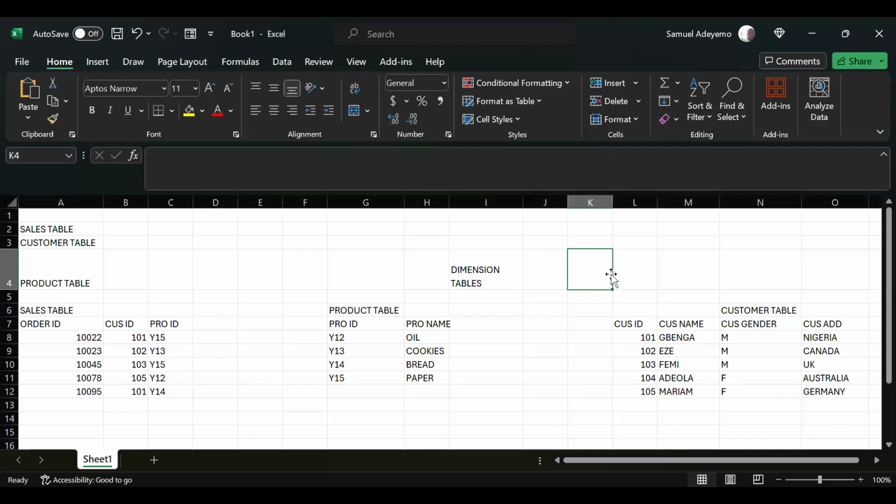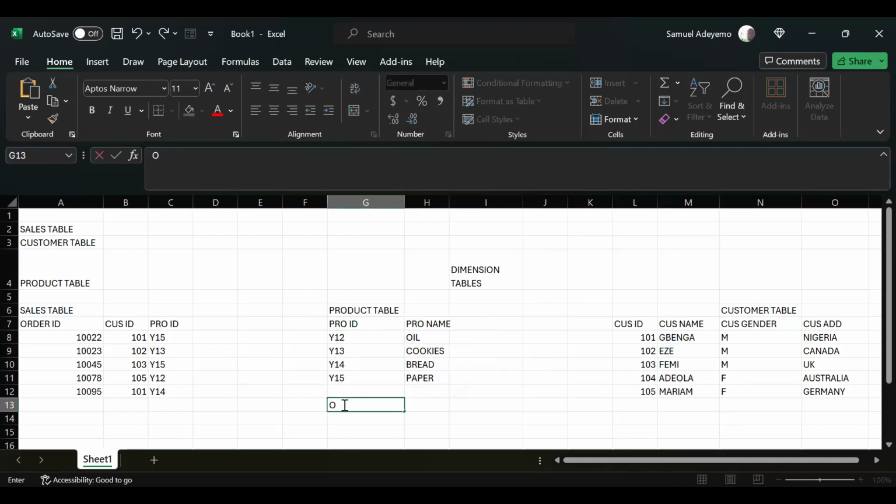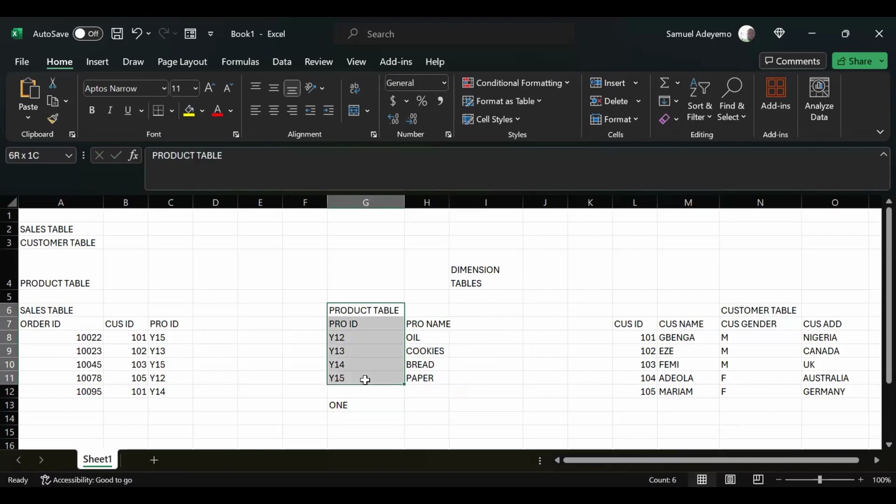So now look at the product table: a unique list of products and their names. Customer table: a unique list of customers and their names. On the product table, the cardinality is going to be one cardinality because we have a unique list and there's no duplication.